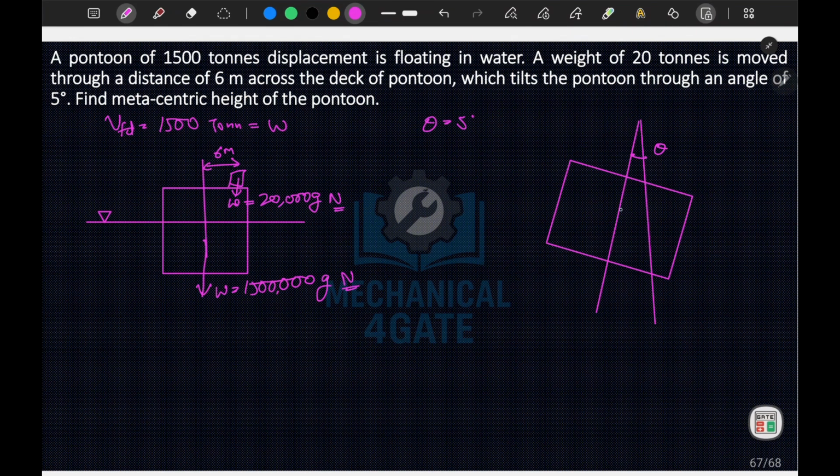Let me draw it here. Initially let's say this was G, this is G dash, and this was the initial B, and this is the final B. Now this is your weight, small w, and let's take moment about point M. So I can say that weight W acting here, W times GM sin theta, will be equal to small weight w times x cos theta.